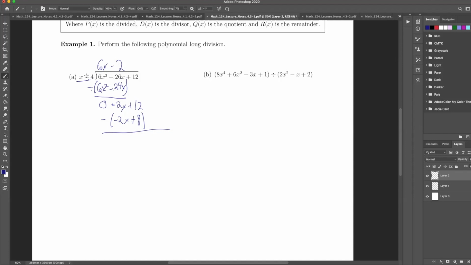Let me subtract that. So minus 2x is 0 by design. 12 minus 8 gives us 4. And since this is a degree less than the divisor, we just say remainder 4.